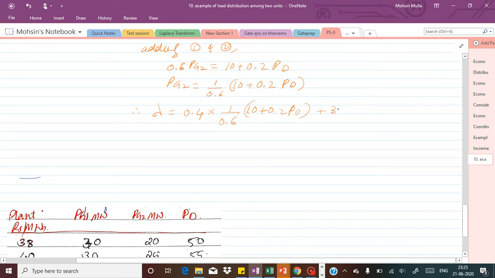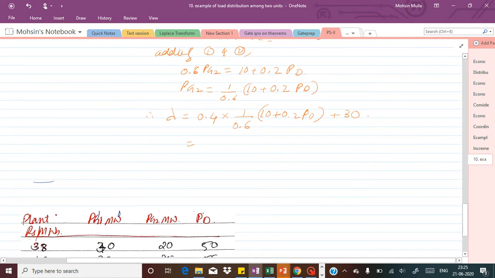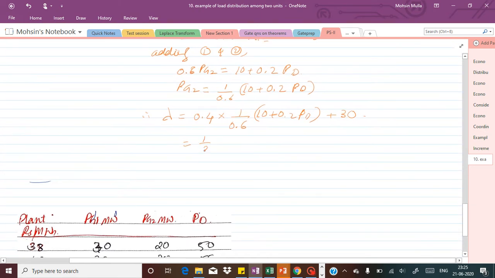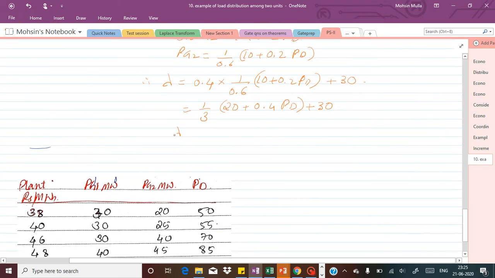Here it will be 1 divided by 3 into 2 divided by 3, so 2 is multiplied inside: 1 divided by 3 times (20 plus 0.4 PD) plus 30. Or you can take 1 divided by 3 common, so what you get is 1 divided by 3 times (0.4 PD plus 110).